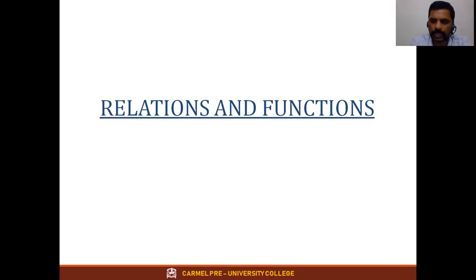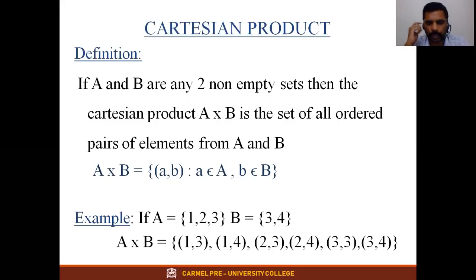When I move into relations, the first topic you'll get is Cartesian product. Though it is not a part of a relation, without this we cannot discuss relations. So first we'll go for what is Cartesian product with its definition.